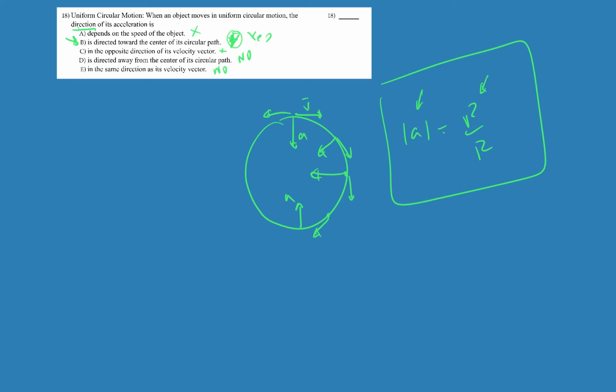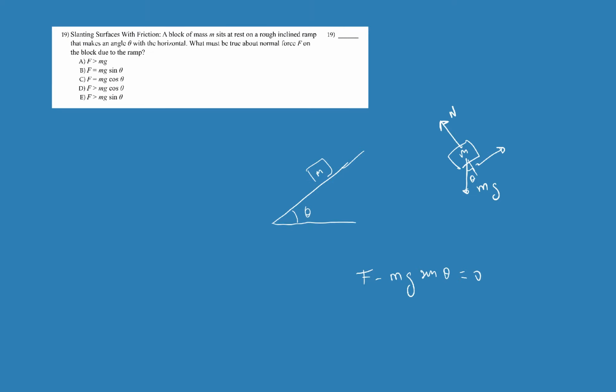Okay, let's go to the next one. Read this problem and try to solve it. This problem says you have a block of mass m on an inclined plane, with the angle theta with the horizontal. What must be true about the normal force?